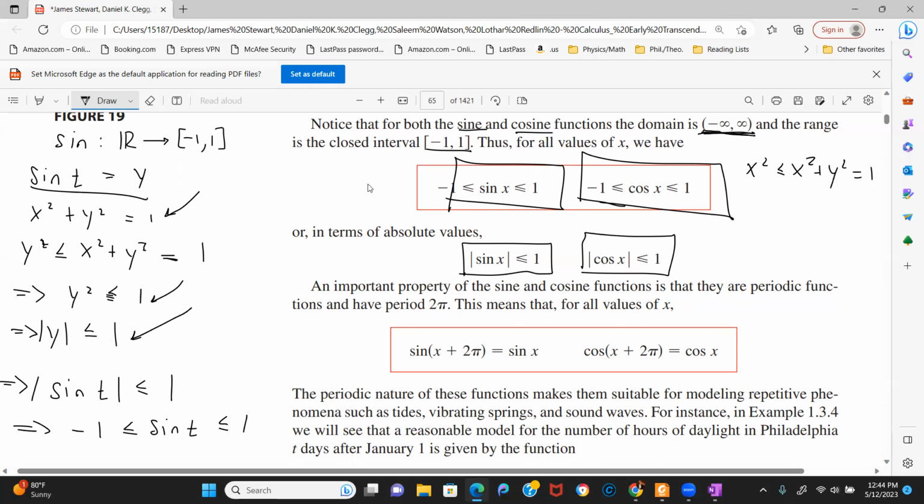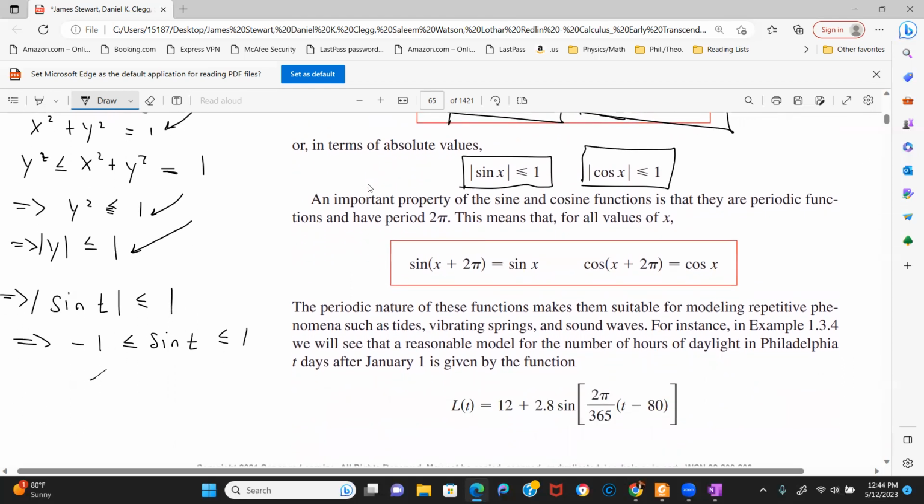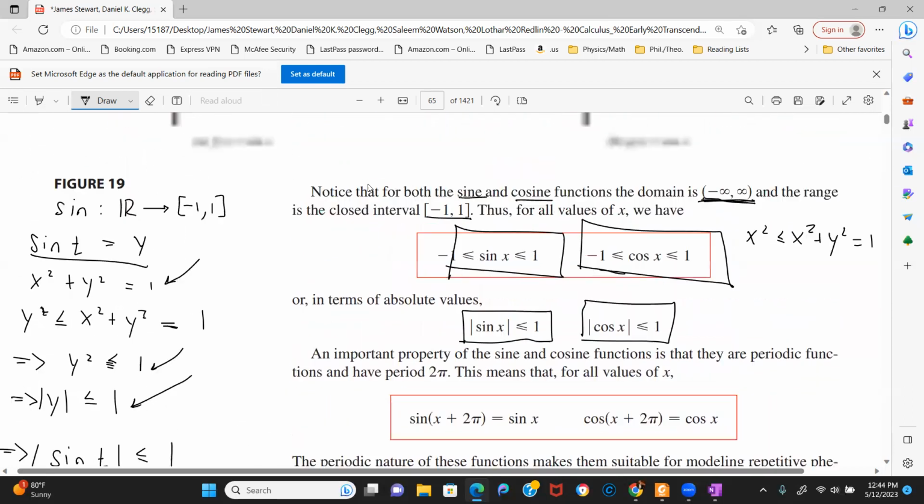So here's a proof. This right here is proof that this inequality holds. I will occasionally write proofs, just a warning, but you shouldn't be scared by proofs at all.